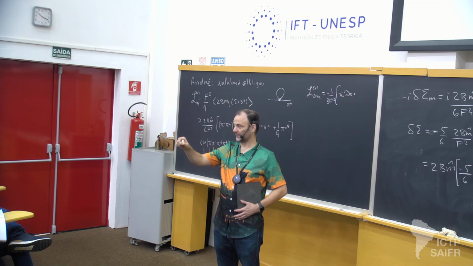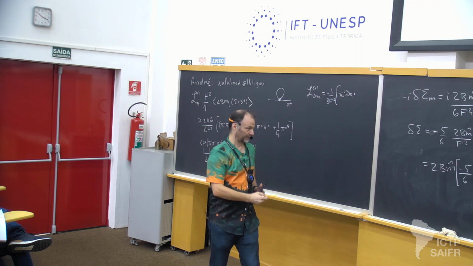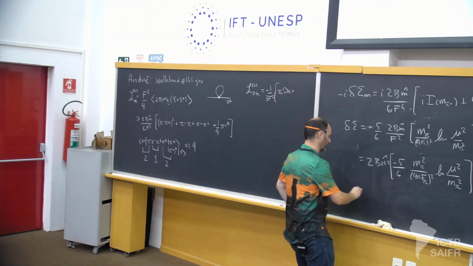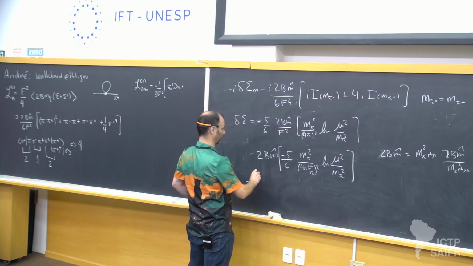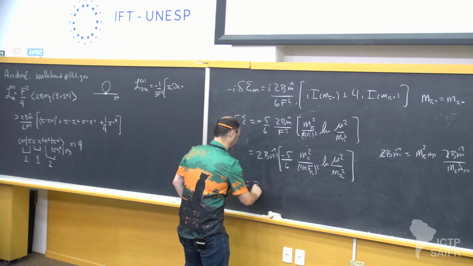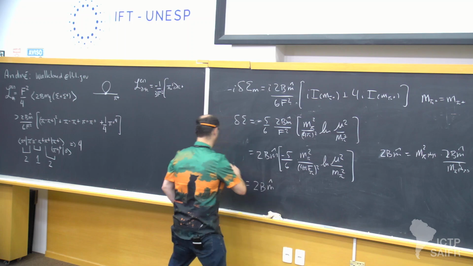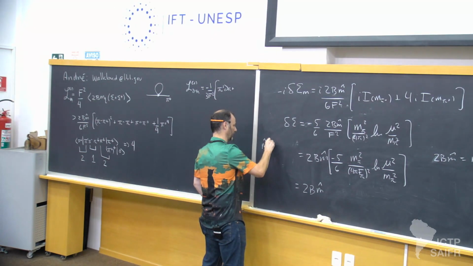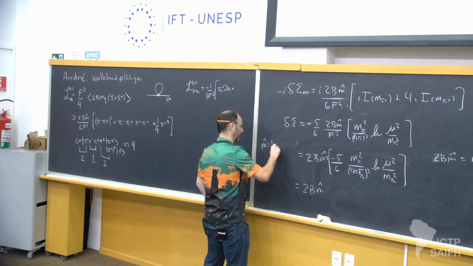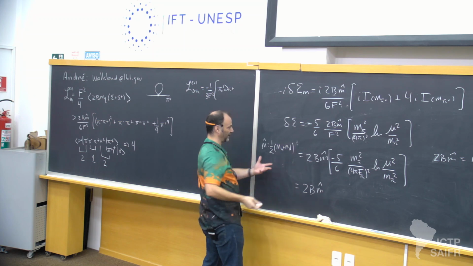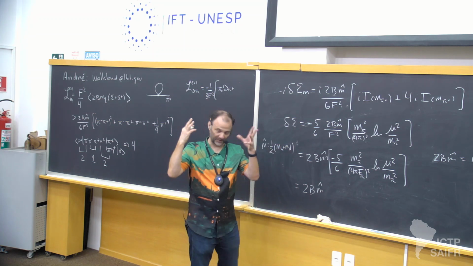And that means, okay, I'll repeat myself. Because of this divergence, rewriting it in bare parameters, there's the minus sign. I have 2b m hat. Remember, m hat is the average of the up and the down quark mass. So if we're working in the isospin limit, I can just think of the quark mass.